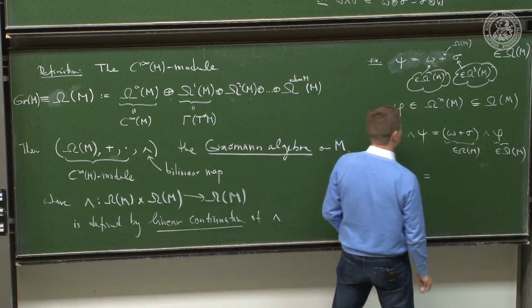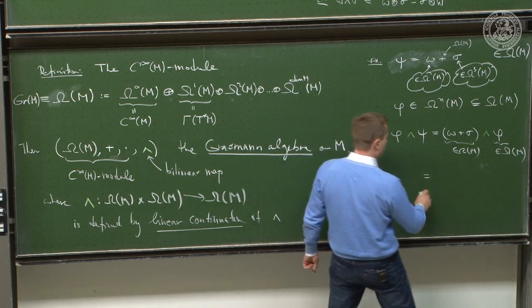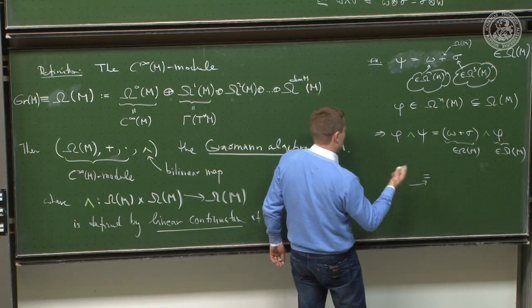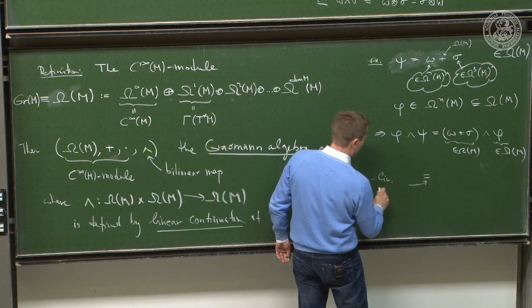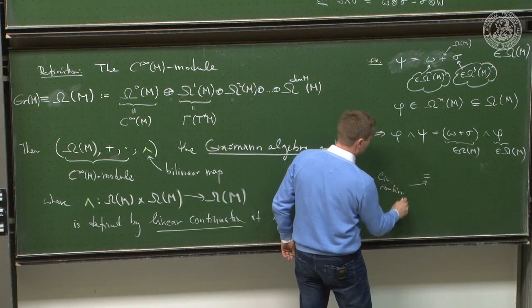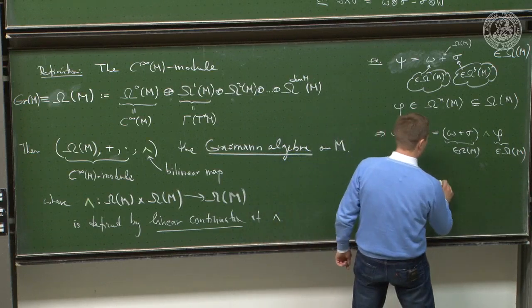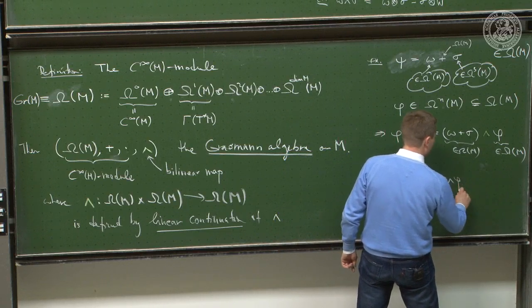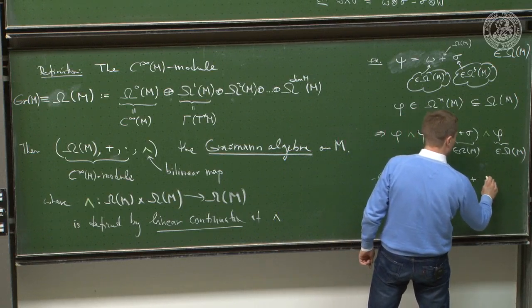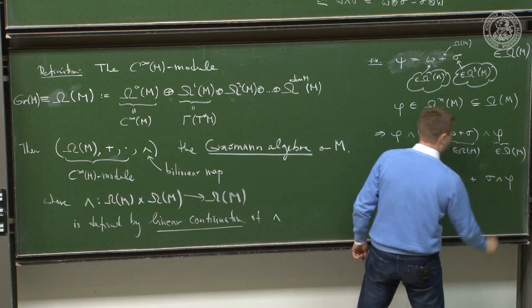But now, how is the green one defined? Well, this is the principle or the definition of linear continuation. This is then omega wedge phi plus sigma wedge phi.